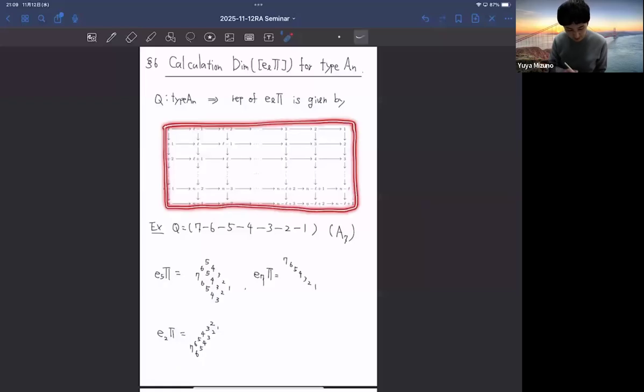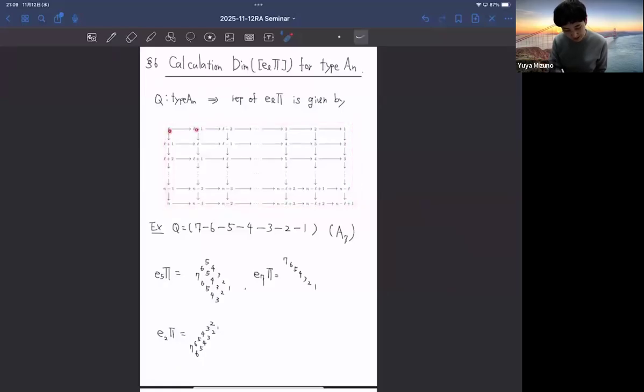Like this, it means for each vertex we just put a one-dimensional vector space, and for each following arrow, we just consider the identity, then we get the representation.